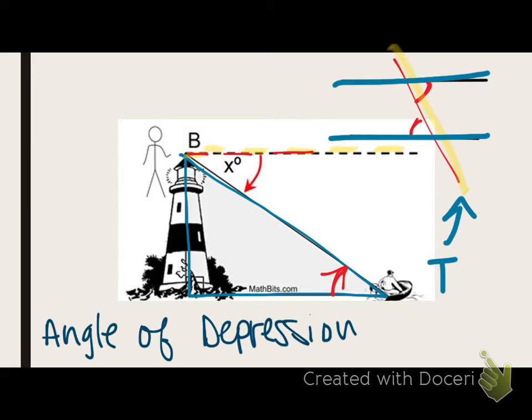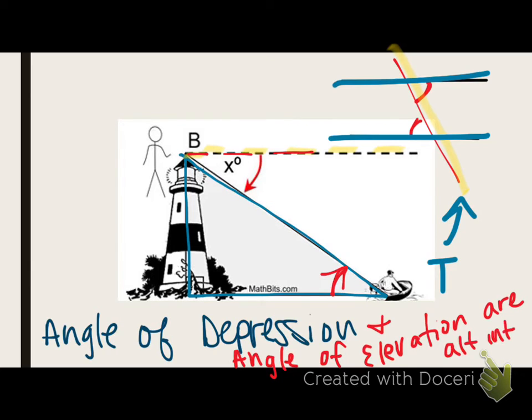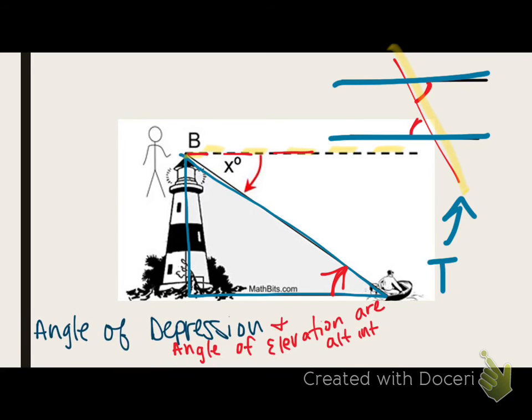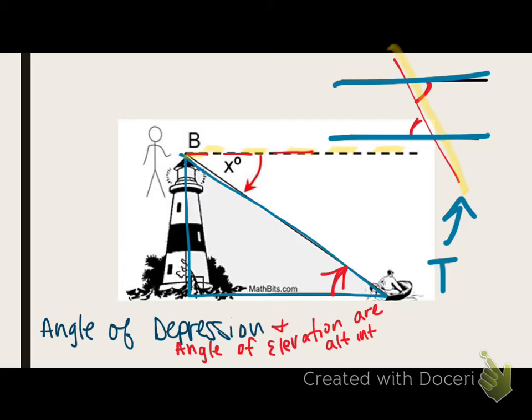Transversals make relationships. What relationship do these two angles I've highlighted have? They are alternate interiors. So what I need you to write down is that the angle of depression and the angle of elevation are alternate interior.